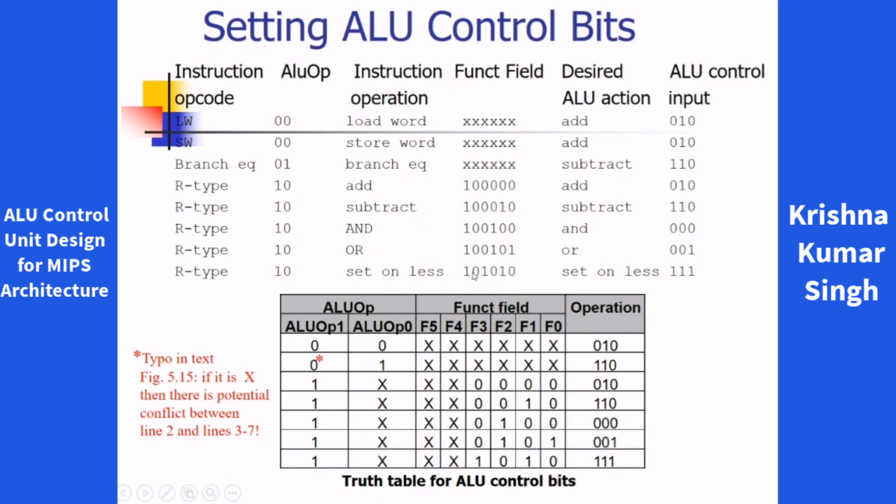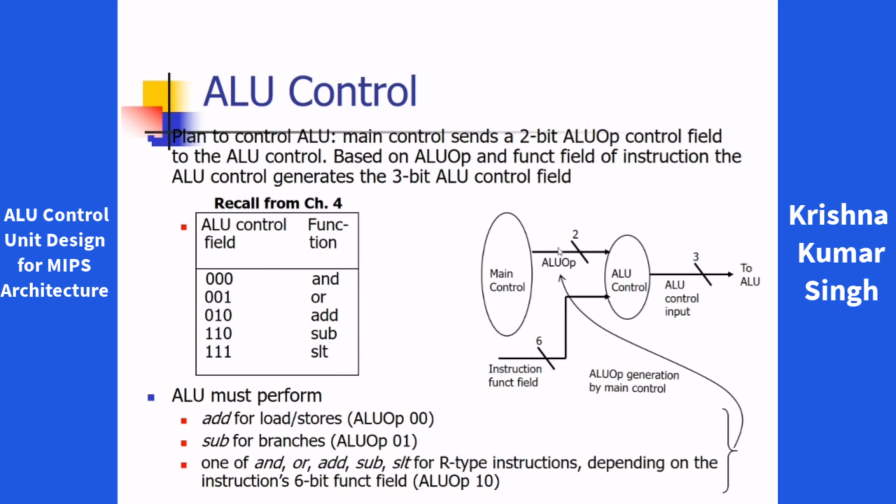So for add, we are going to create 010, because we want add, for subtract 110, the same as this one, AND is 000, OR in this ALU is 001, and set less than is 111. So these are the inputs of the circuit and these are the outputs. So there is a truth table you can simplify by Boolean algebra, and find the corresponding circuit for this ALU control combinational circuit.